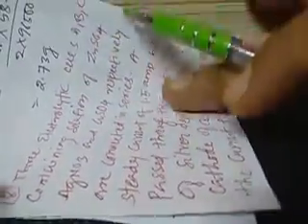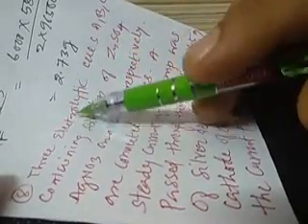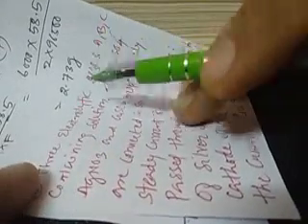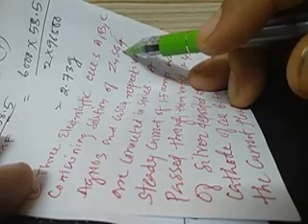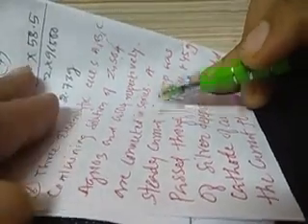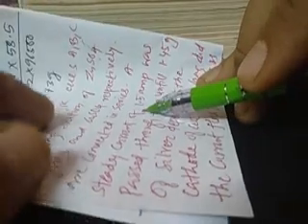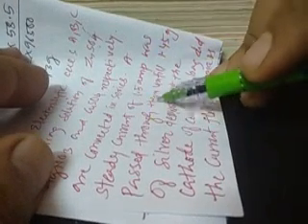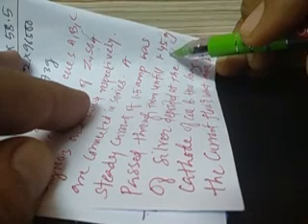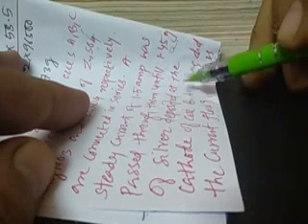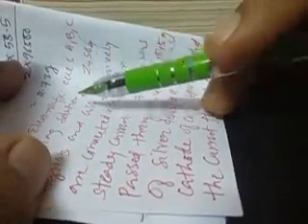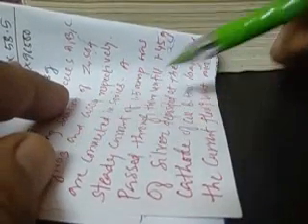Now we have the next question. Three electrolytic cells A, B, C containing the solutions of ZnSO4, AgNO3 and CuSO4 respectively are connected in series. A steady current of 1.5 ampere was passed through them until 1.45 gram of silver is deposited at cathode of cell B, because B is made up of silver nitrate.